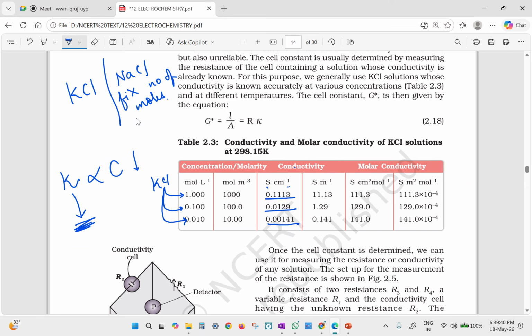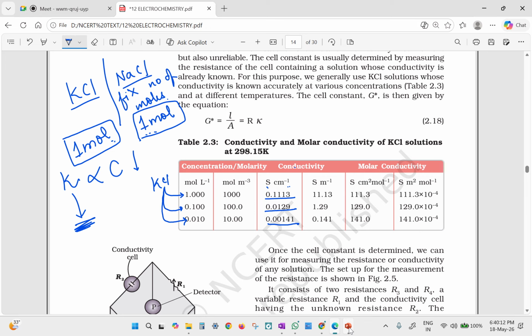So I'll consider the NaCl solution offering 1 mole, and ask what is the conductivity offered by 1 mole of NaCl as compared to the conductivity offered by 1 mole of KCl. Is it fair to compare KCl with NaCl only if the number of moles of electrolytes are the same? Yes, ma'am. Okay, very good.